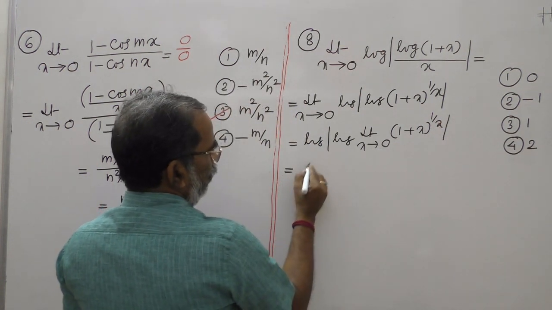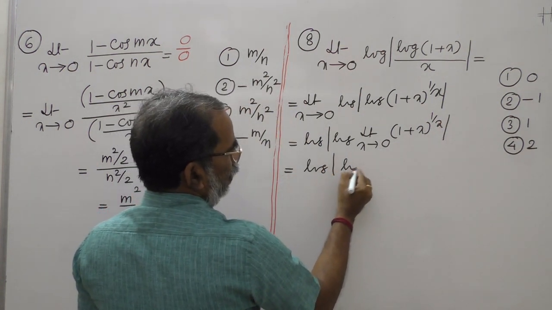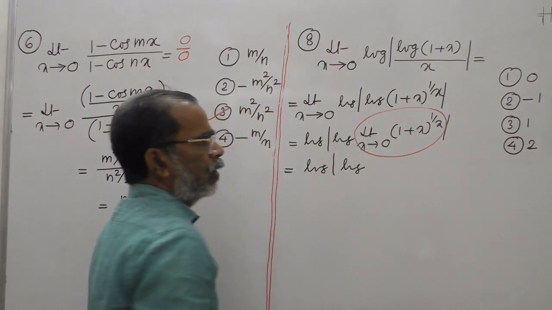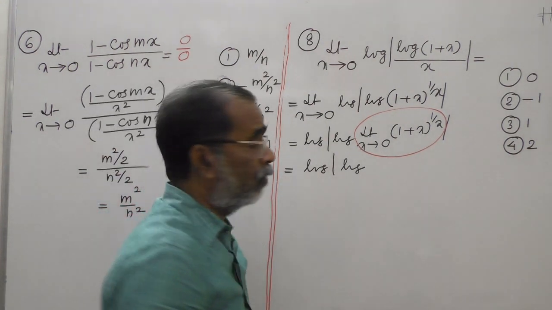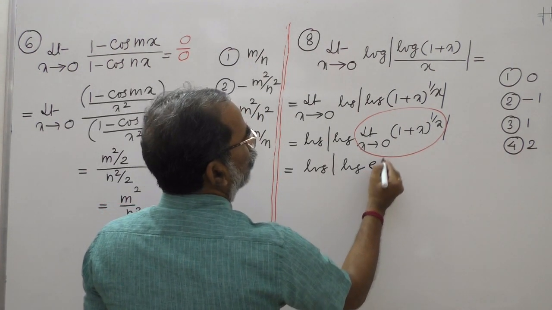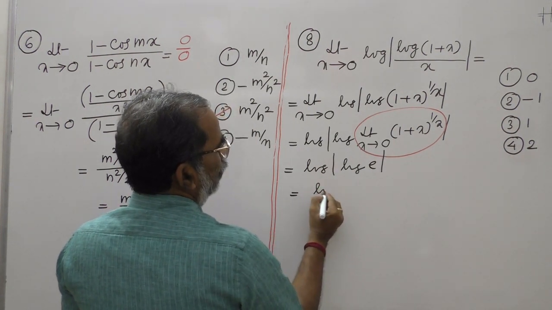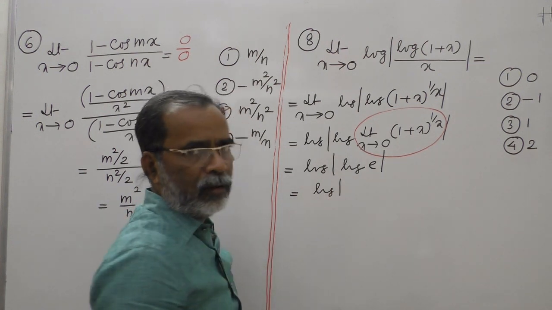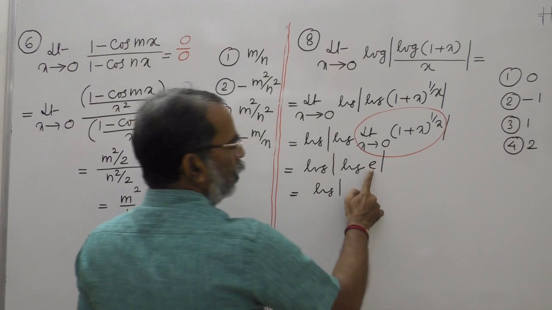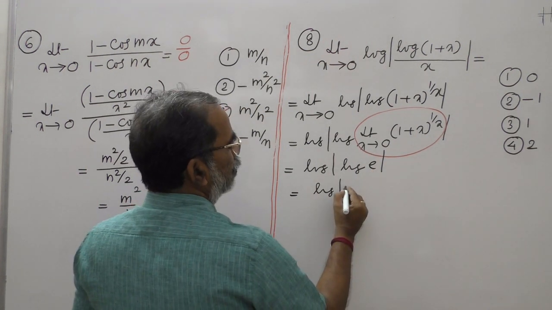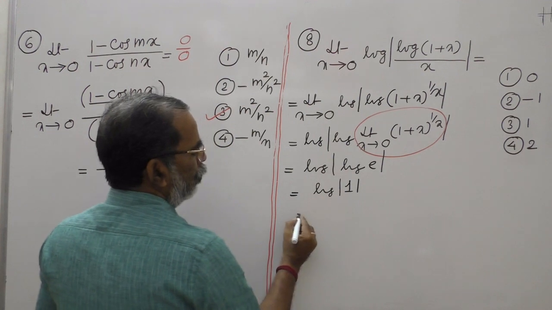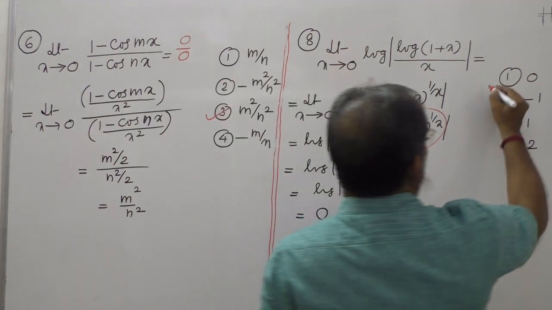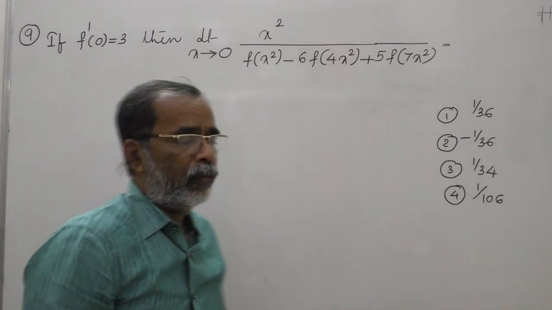We have a standard limit we have just seen. This will give us e. So this implies log of mod e. If the base is not mentioned, that means it is e only. Logarithm of any number to the same base is 1. Therefore, this is 1. So what is log 1? Log 1 is 0. Therefore, its limit value is 0. Next problem.